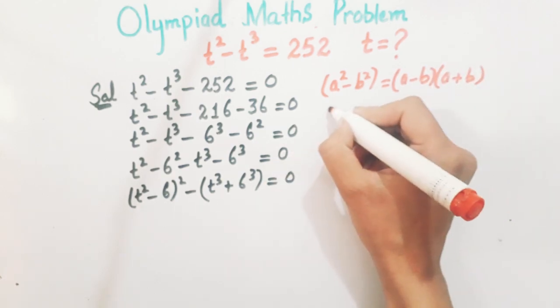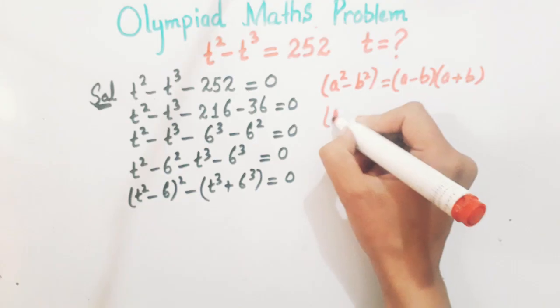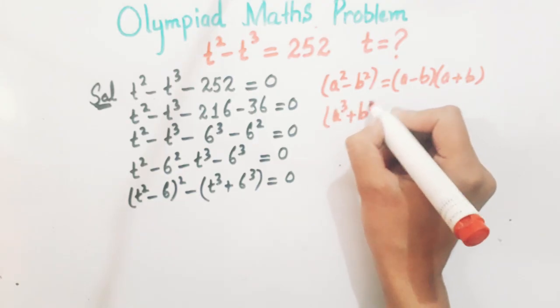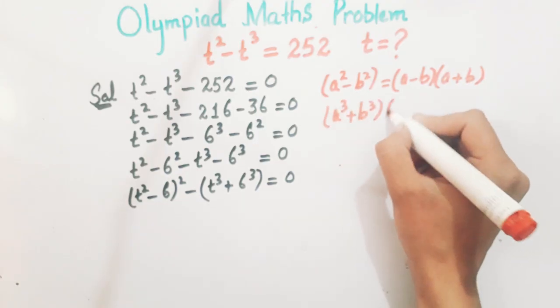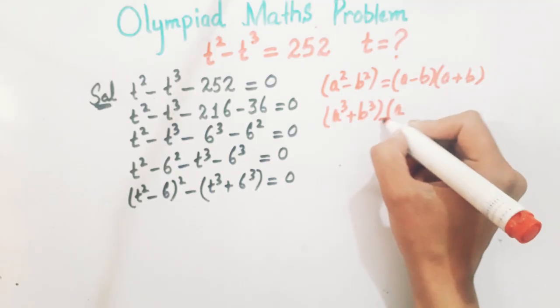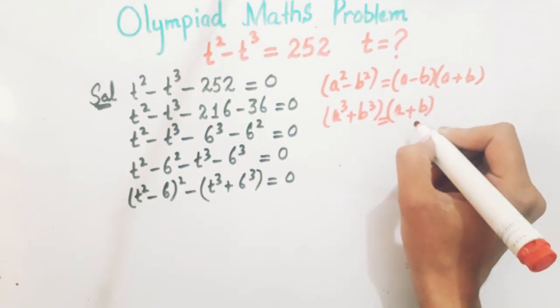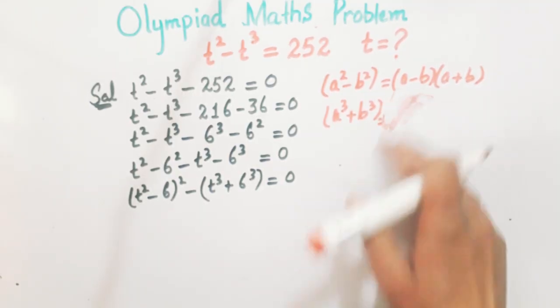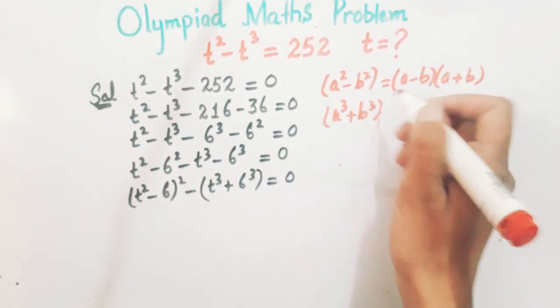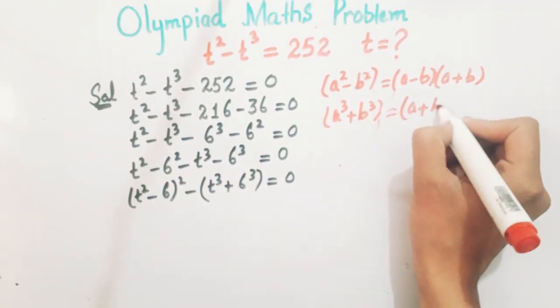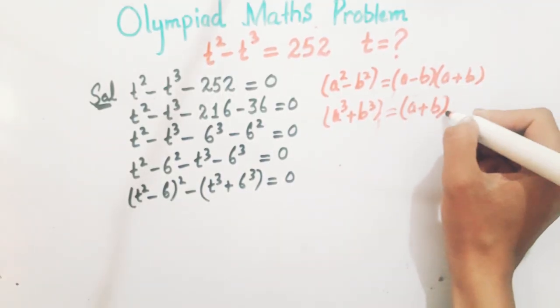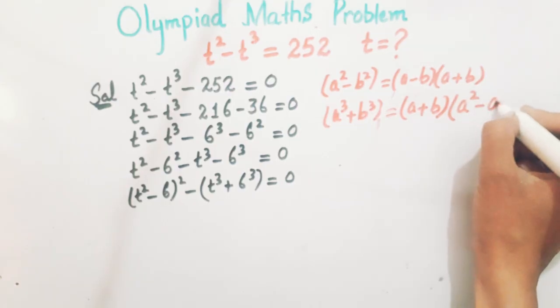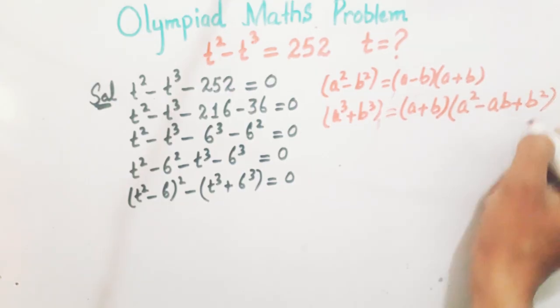And here we apply the formula of a cube plus b cube, that equals a plus b into a square minus ab plus b square.